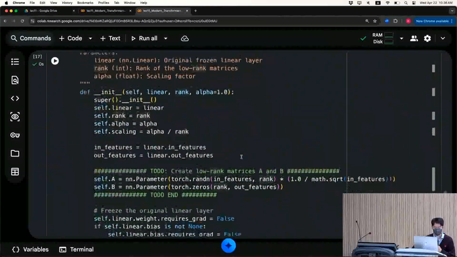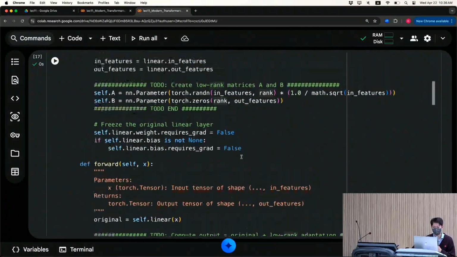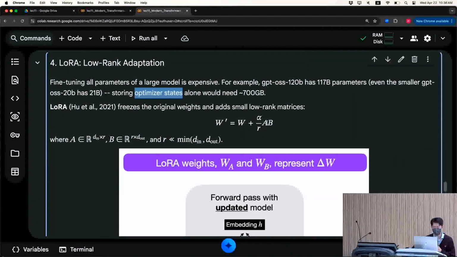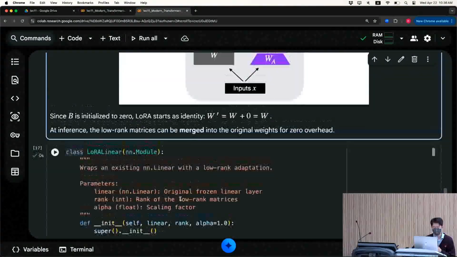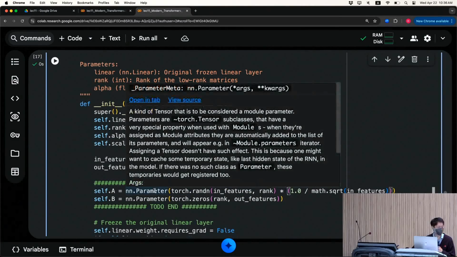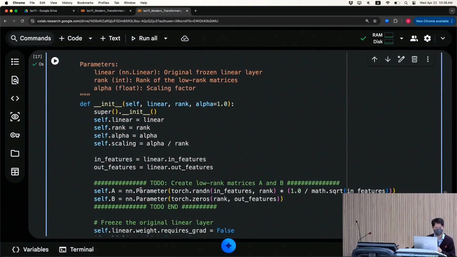Okay, let's look at it together. So we need to initialize matrices A and B. Matrix A, we're going to initialize according to however we were initializing the weights before.